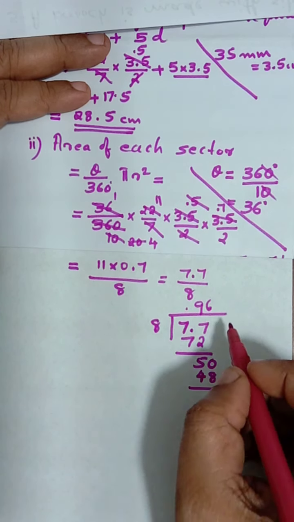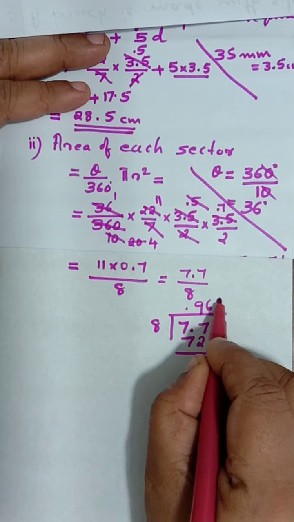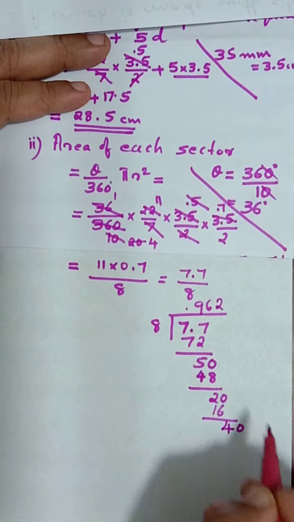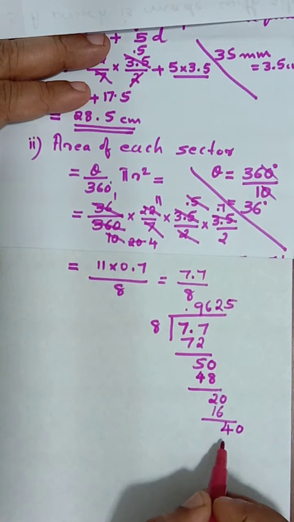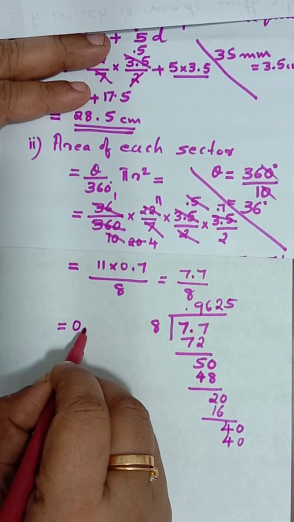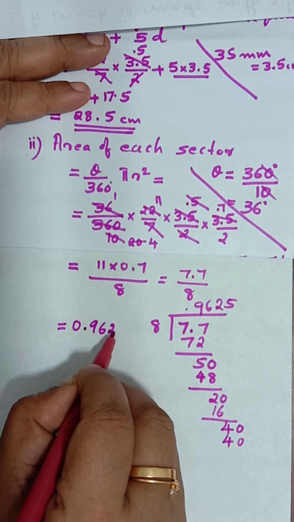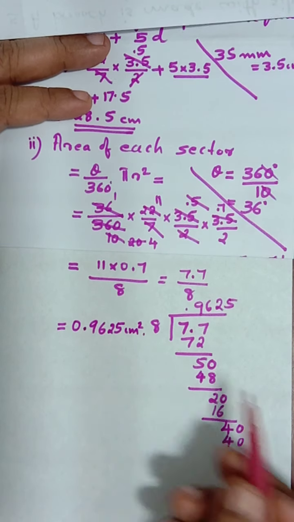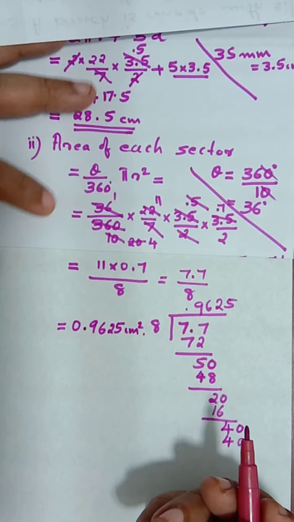Subtract. Here next number is 2, 8 2s are 16. Now subtract, 8 5s are 40. Here our answer comes in cm square, 0.9625 cm square.